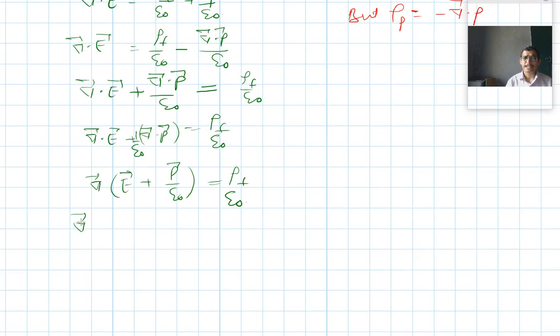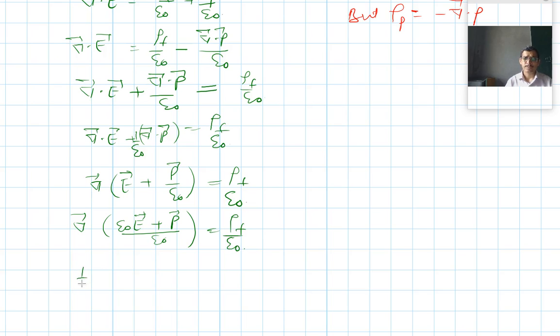Then it can be written as del dot of epsilon naught E plus P, whole upon epsilon naught, is equal to rho f over epsilon naught.